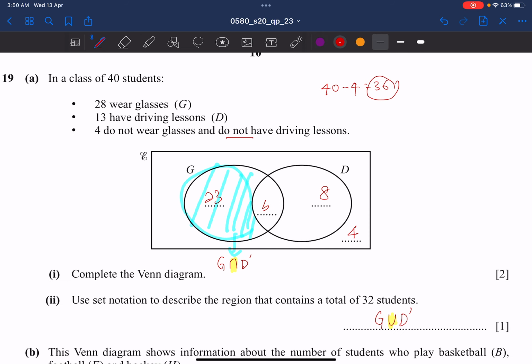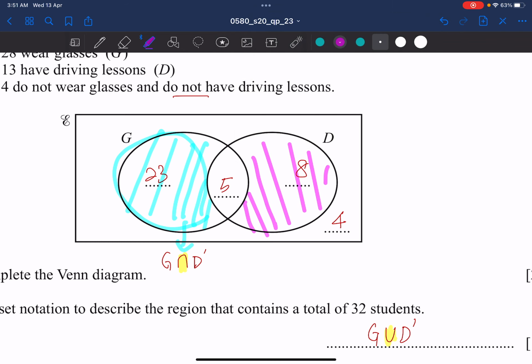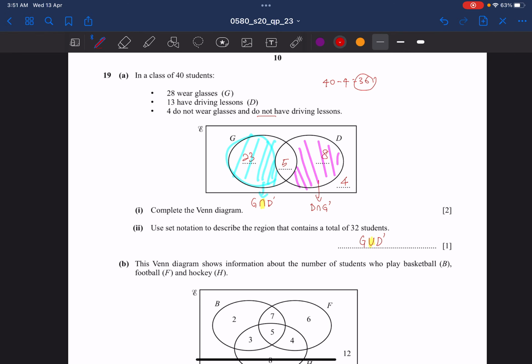So this is just exactly G itself, okay? I made a mistake here. And how about this region? This region is in D but not in G. So it's D intersect G complement. Okay.